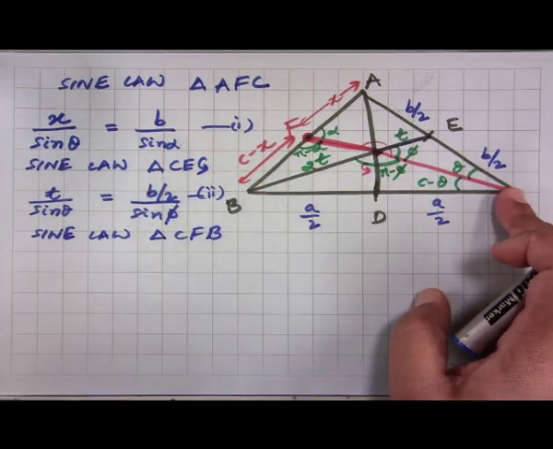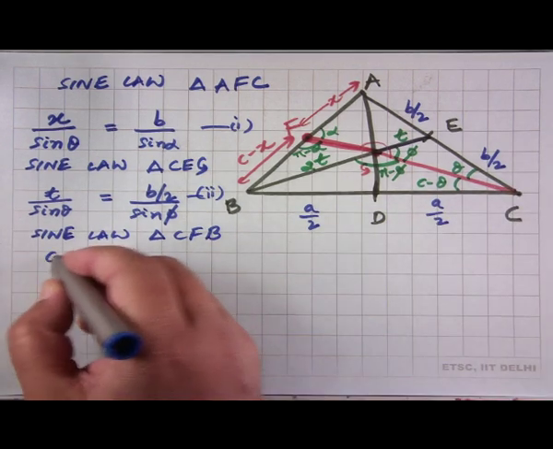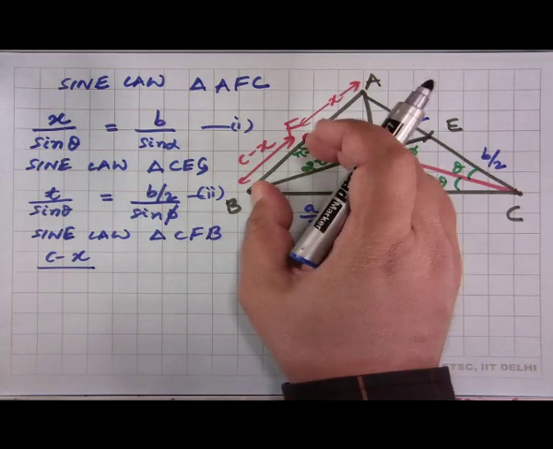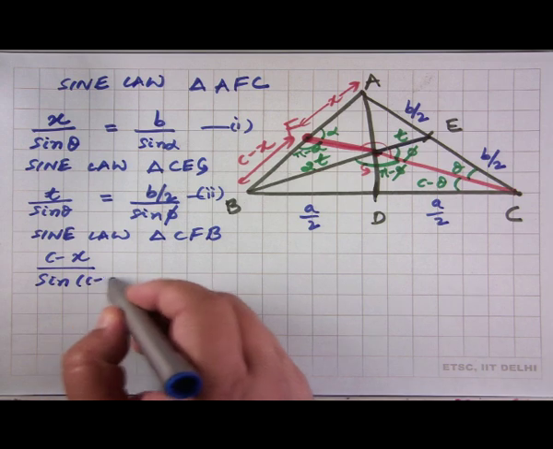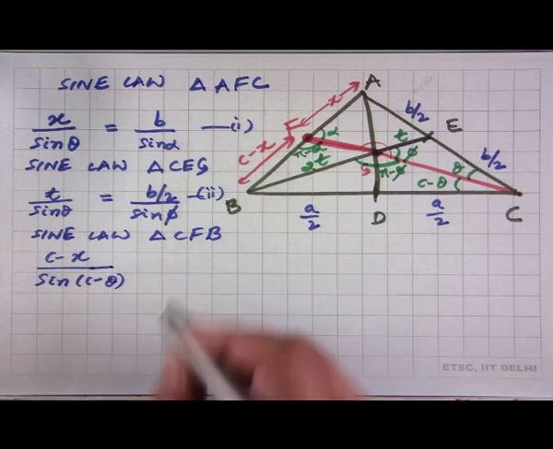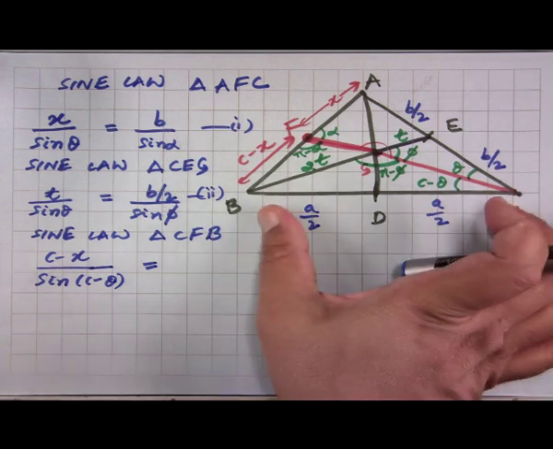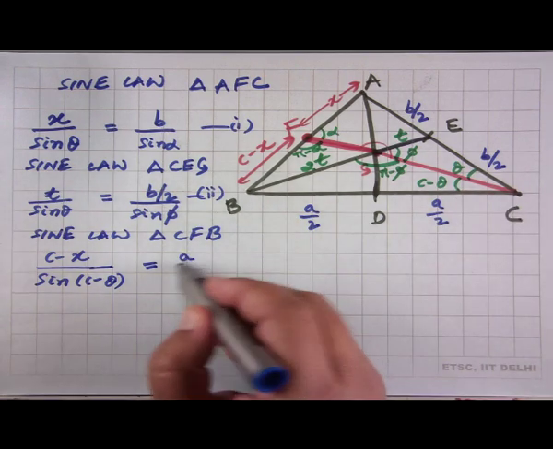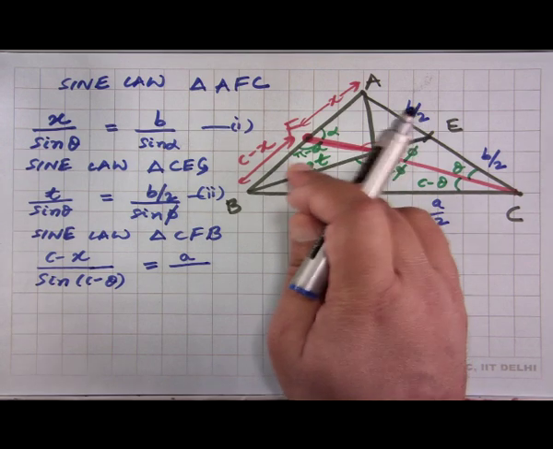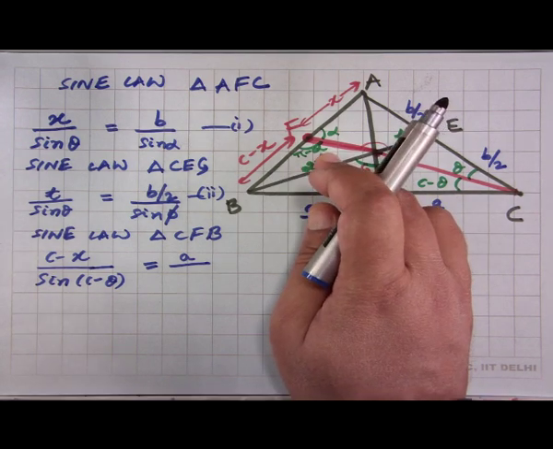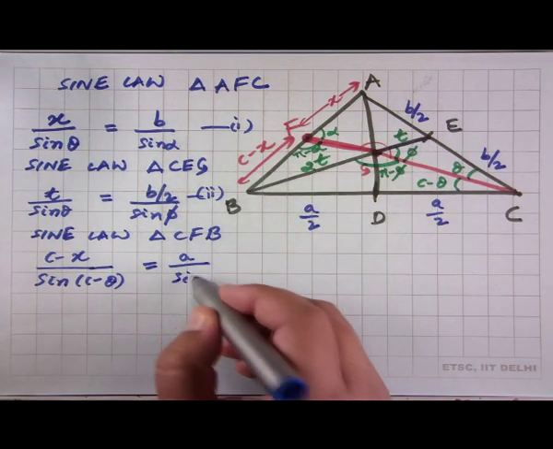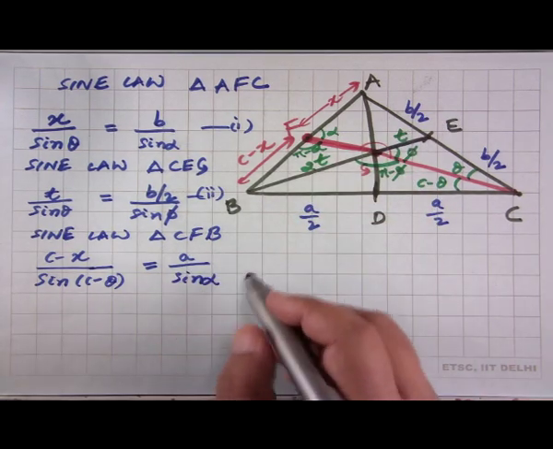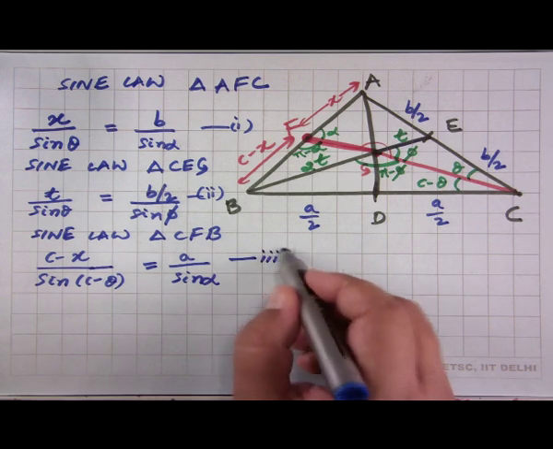If we apply the sine law, we see that c minus x over sine of c minus theta equals a over sine of pi minus alpha. But sine of pi minus alpha is equal to sine of alpha. So a over sine of alpha. This is our third equation.